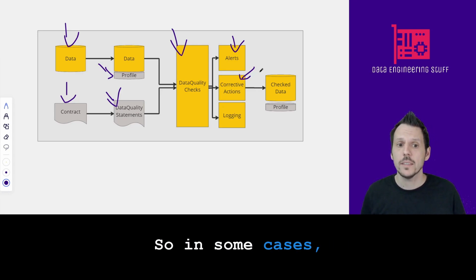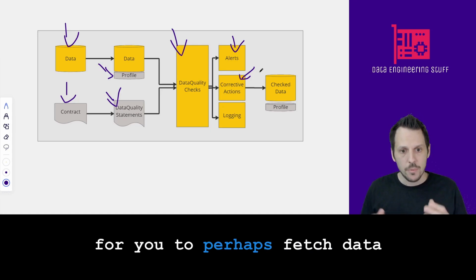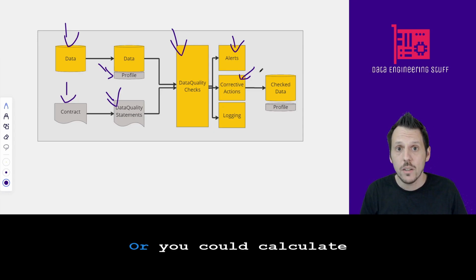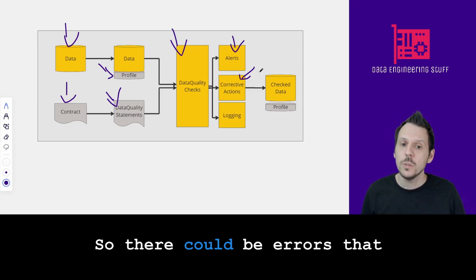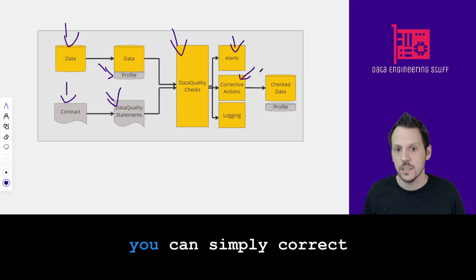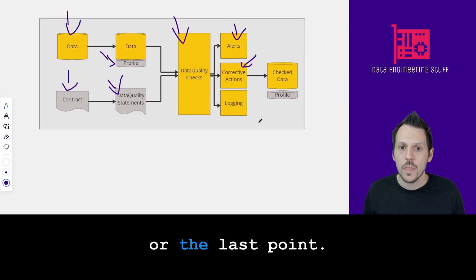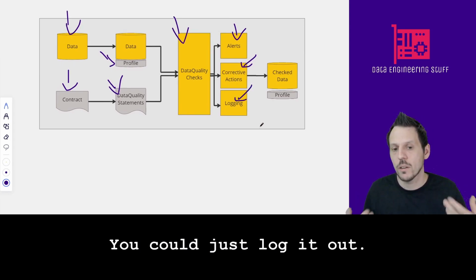So in some cases, perhaps there is a possibility for you to fetch data from another data source if the data is missing, or you could calculate a value again. So there could be errors that you can simply correct at this point. Or the last point, and this I think should always be done, you could just log it out.